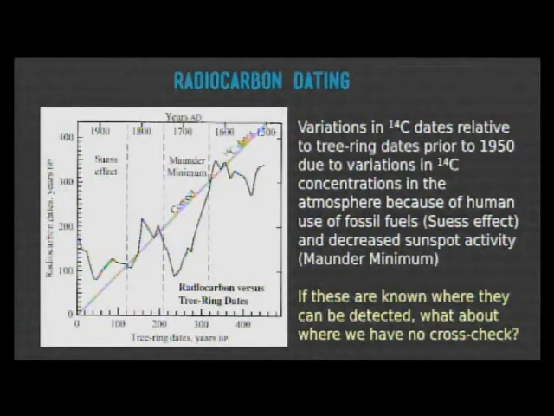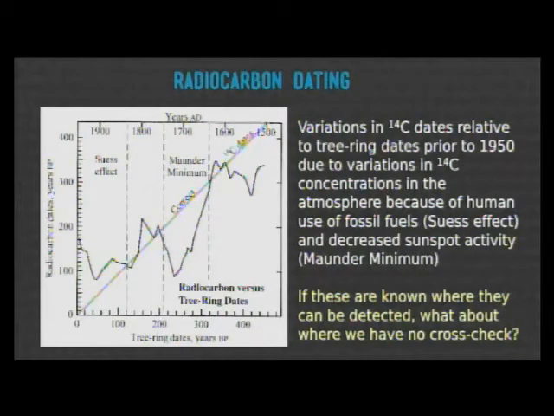Now, we know that there are variations in carbon-14 dates relative to tree ring dates prior to 1950, when we contaminated the atmosphere with nuclear explosions. There's first of all the Suess effect. When we started burning fossil fuels, we added more normal carbon into the atmosphere, carbon-12, and that changes radiocarbon dates from that period onwards.